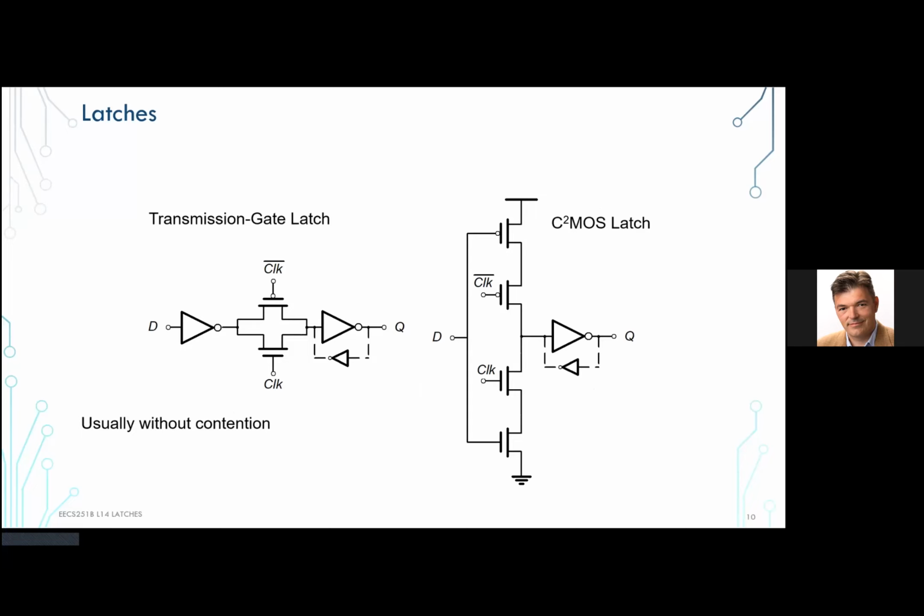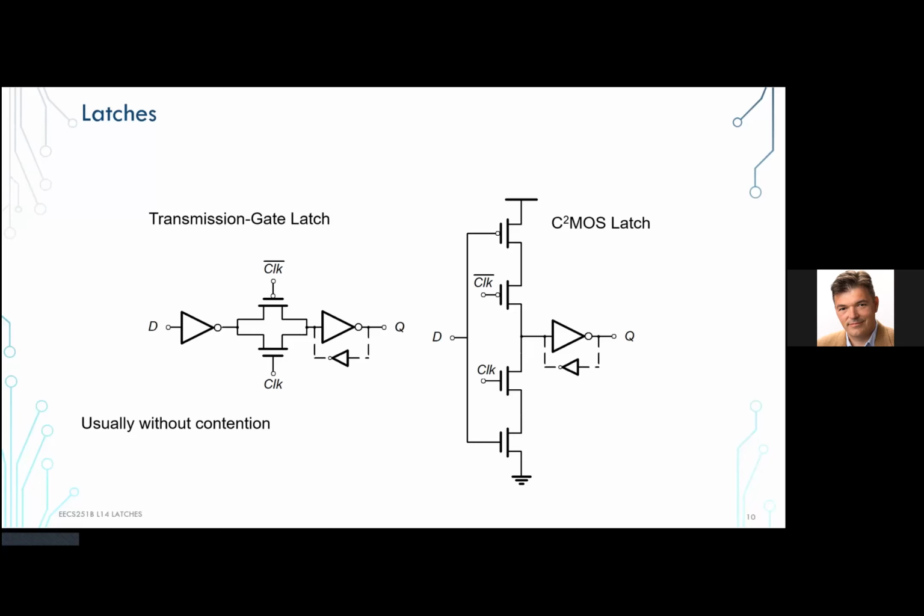The way it is shown here, in the past, people used to design this without this feedback inverter. If you don't have a feedback inverter, this node would have been dynamic. And that's not good. That was allowed about 20 years ago, but became banned because in digital systems, we don't want to worry about dynamic gates.